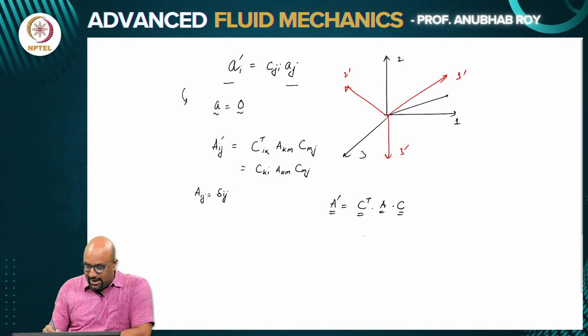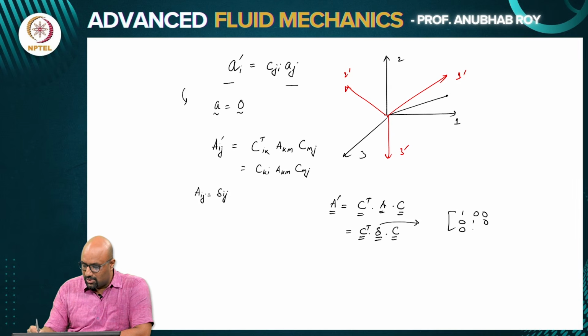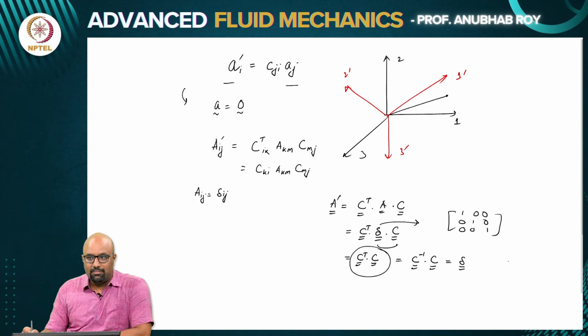So, if I say that A is identity, then this is basically 1 0 0, 0 1 0, 0 0 1. So, if I take delta dot C, that is going to be C. And we know that this is an orthogonal transformation, which means C transpose is nothing but C inverse, which means this is the same identity matrix.